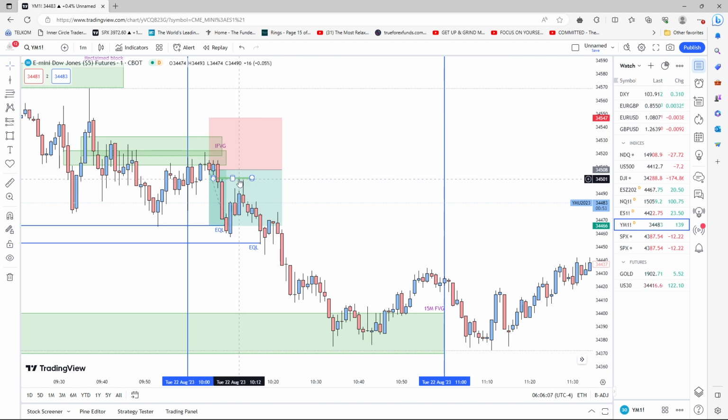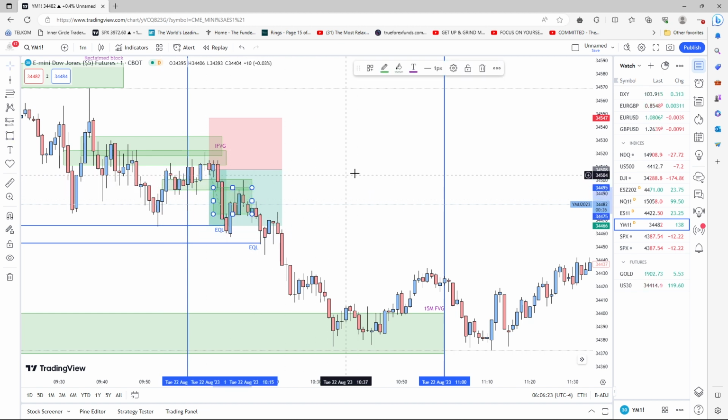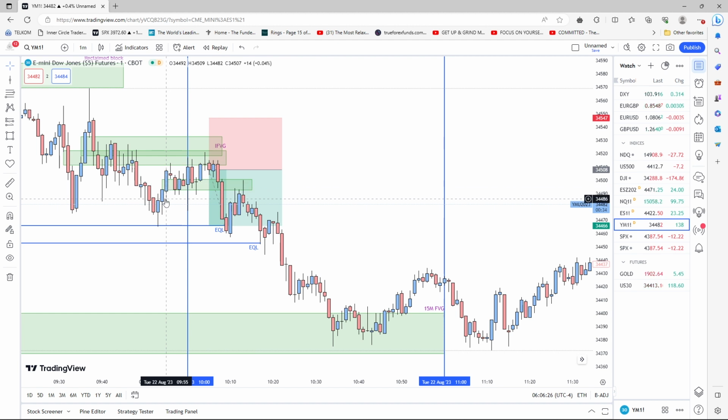Okay, didn't trade that. Didn't trade this one. So then traded into that one, and we also have one over here. Let's go with that one right there. That one looks to be the best.